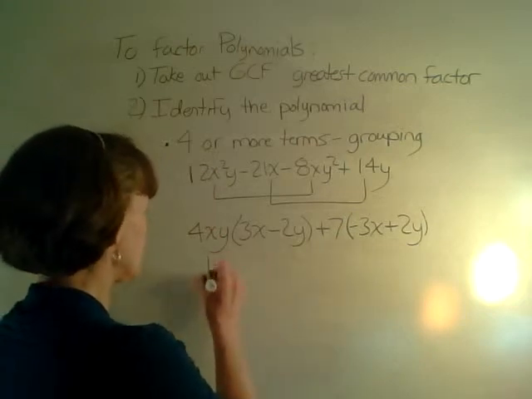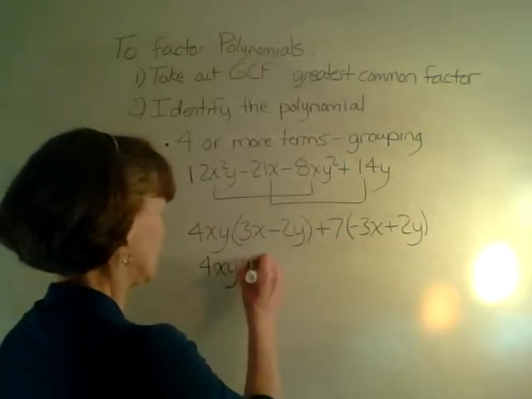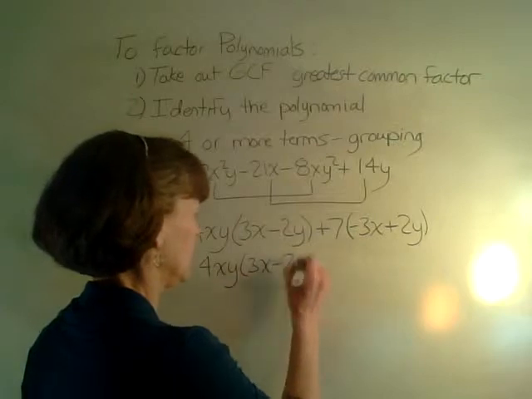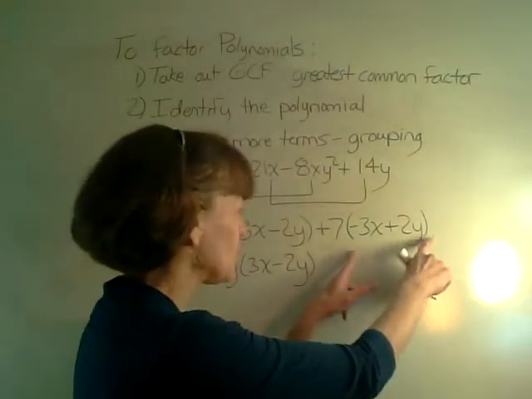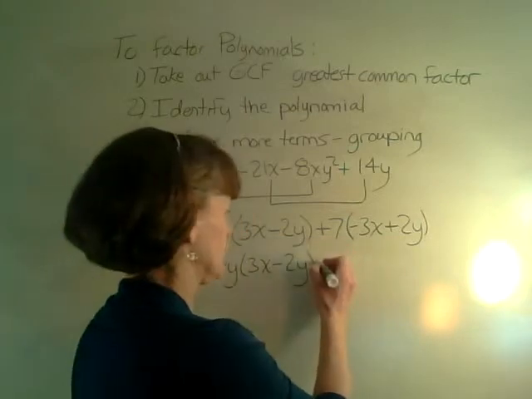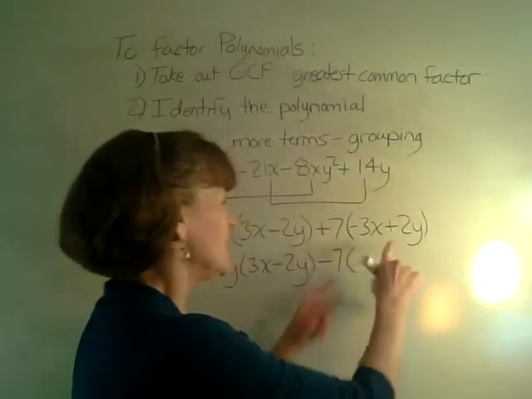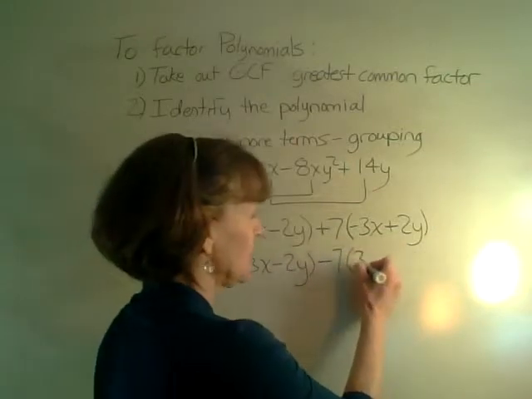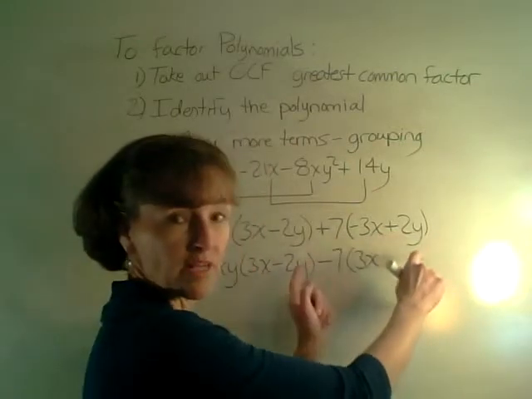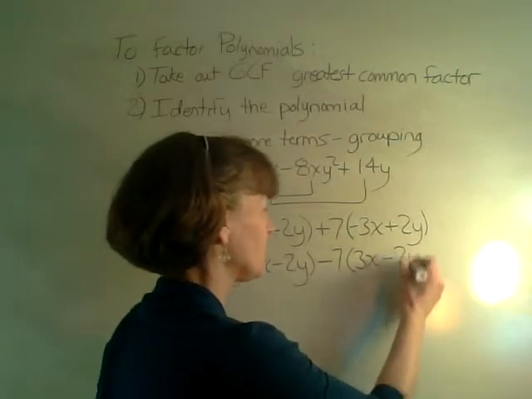We're going to leave this term alone. And right here we're going to factor a negative 1 out, and we're going to put that negative 1 in front of the 7. So when we divide negative 3x by negative 1, we get positive 3x. And when we divide 2y by negative 1, we get minus 2y.